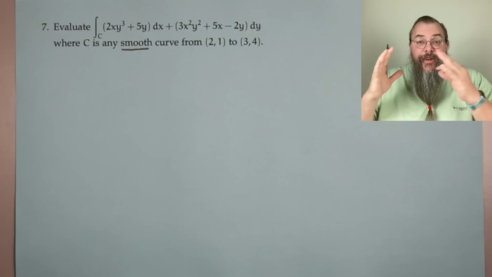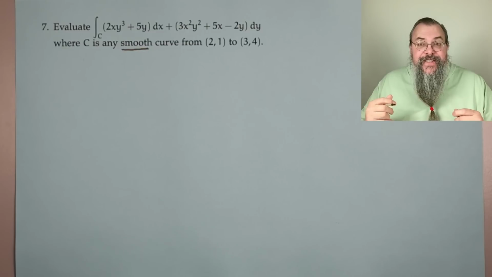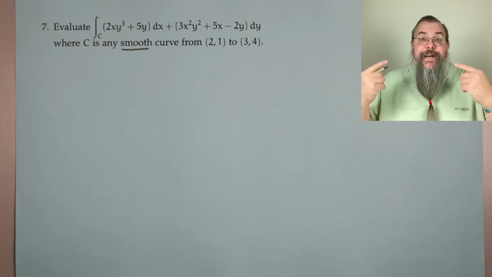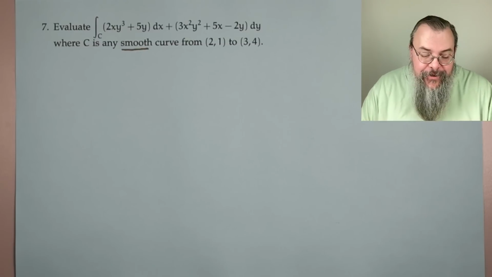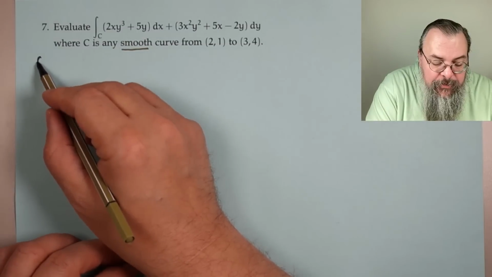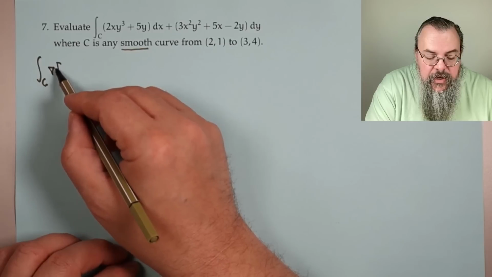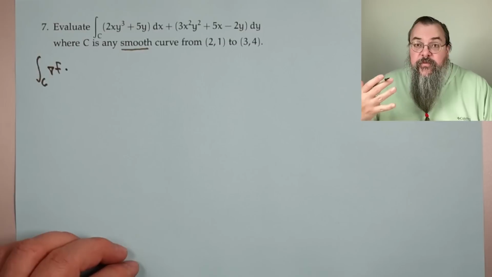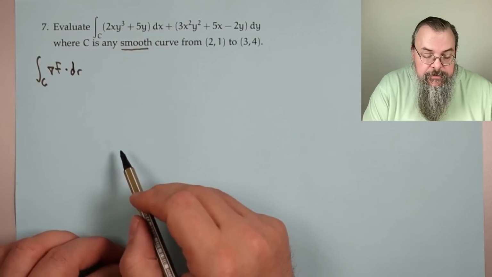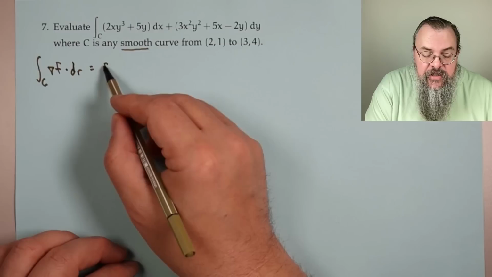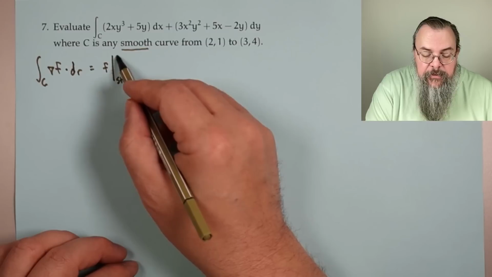Now, that tells us curve independence. The only way we can get curve independence is if we're dealing with a conservative function. So this is a conservative line integral. And as a reminder, what does that tell us? Well, it says that the integral along a curve of a conservative function, so gradient of f of some function little f, dot dr, which is just another way to write this expression, is equal to the potential function evaluated from your start to your end.